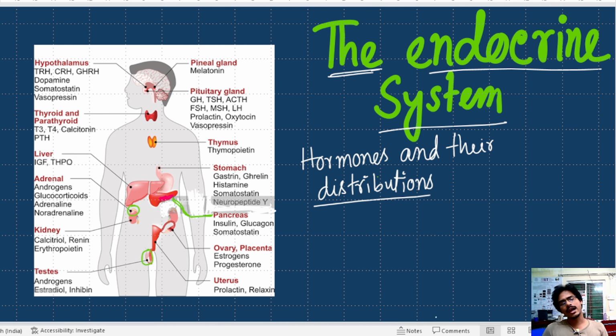So now we have to introduce the major hormones secreted from these organs. Let's start from the top of the body.